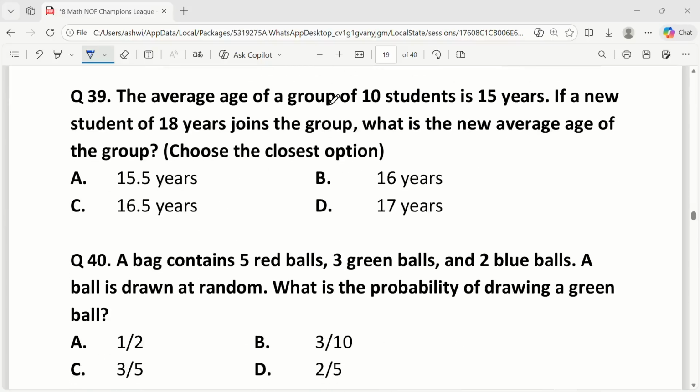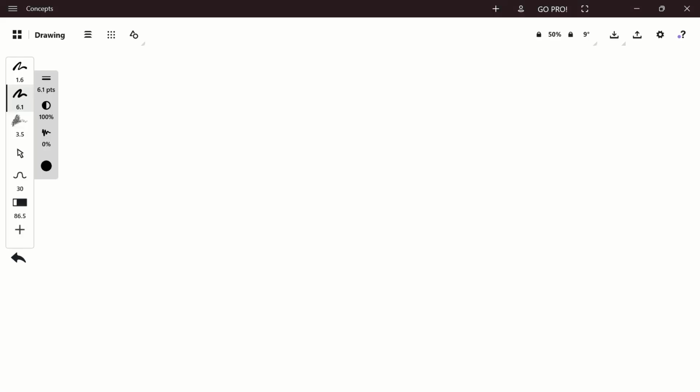Question 39. The average age of a group of 10 students is 15 years. If a new student of 18 years joins the group, what is the new average age of the group? Choose the closest option. The total age of the initial group of 10 students is the average age multiplied by the number of students.